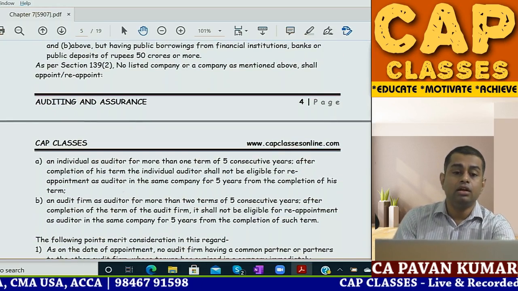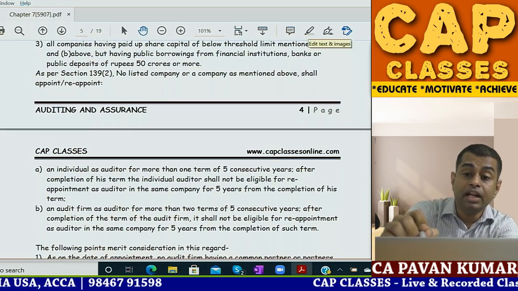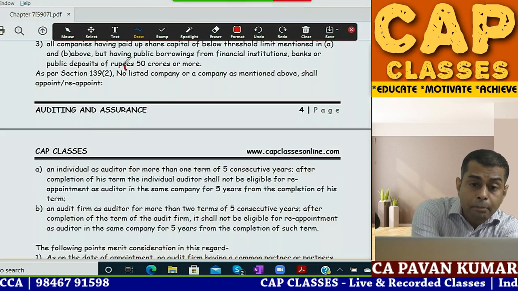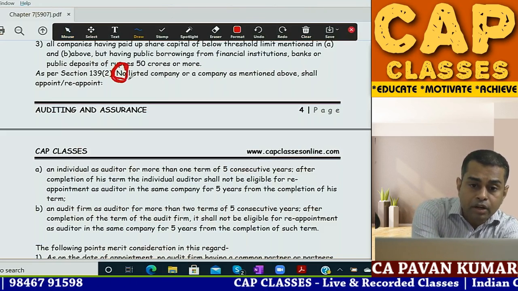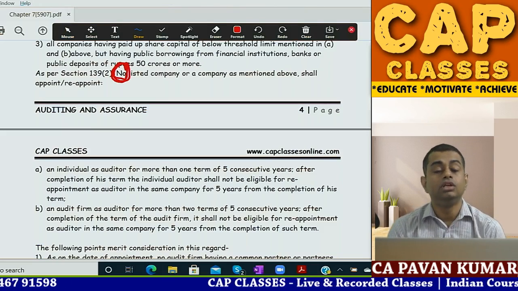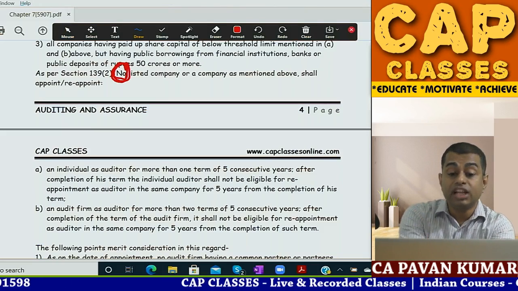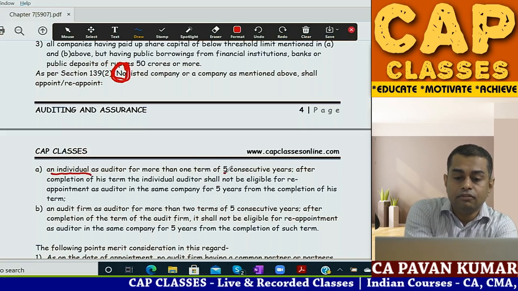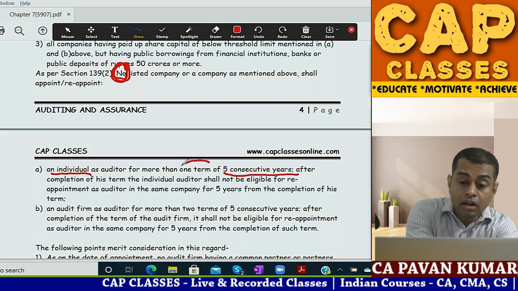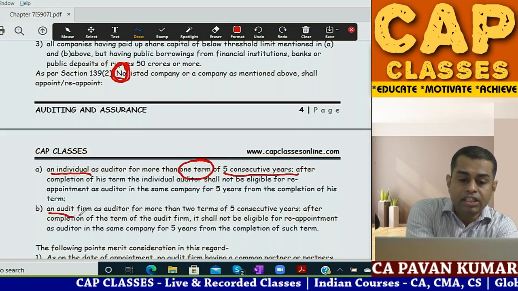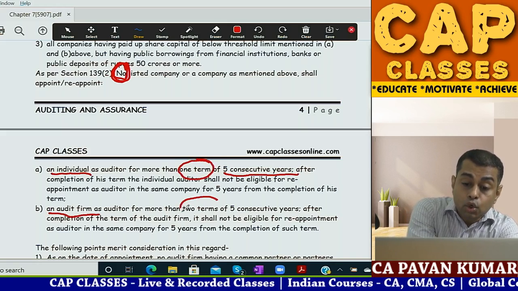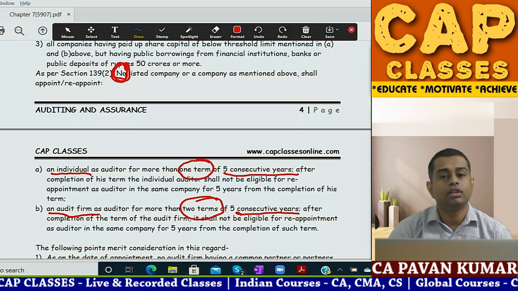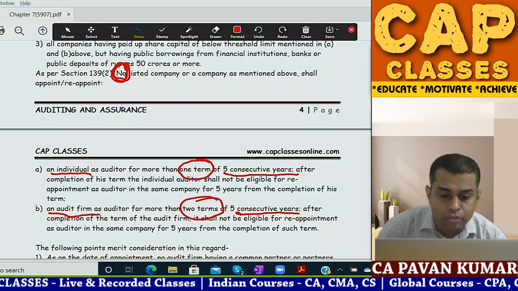So here, no company shall appoint for more than 5 consecutive years. If it is an individual, 5 consecutive years, 1 term. If it is an audit firm, 2 terms of 5 years. Read that carefully. I'll tell you how that is to be counted and all.